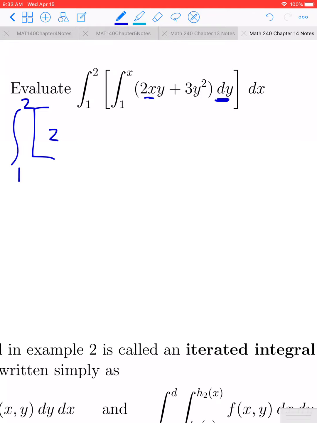So I have 2x, and then the antiderivative of y would be y squared divided by 2, plus 3 times the antiderivative of y squared, which is y cubed divided by 3. And now we're going to evaluate this from 1 to x.